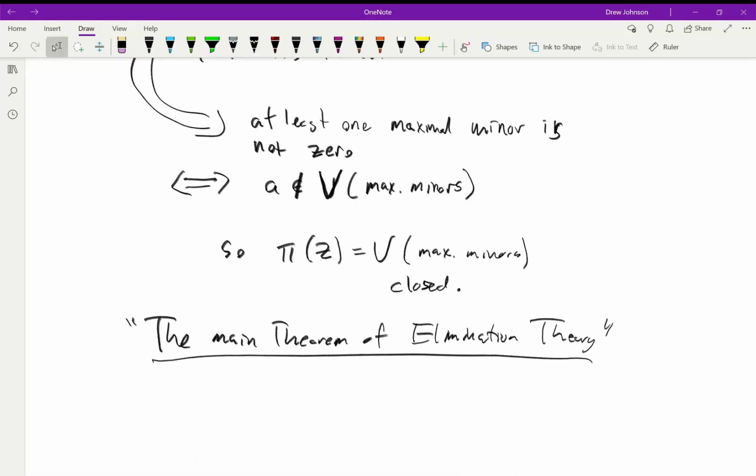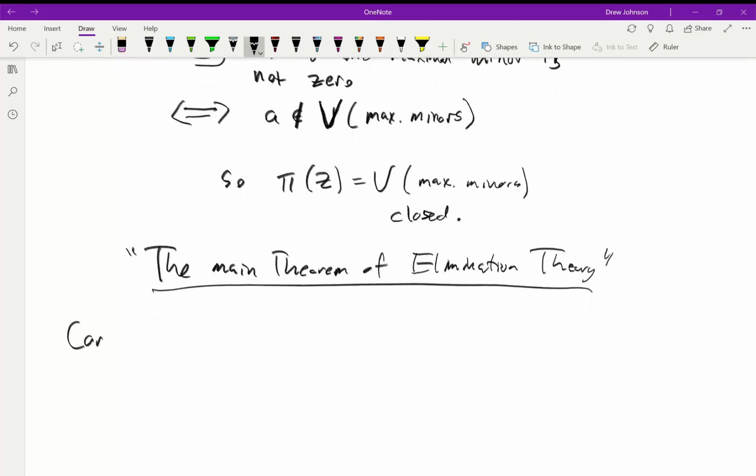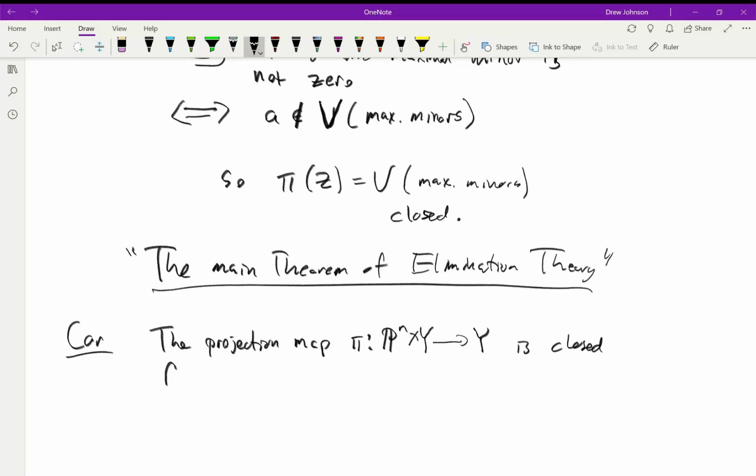So now we are ready to prove the result that we were shooting for, that projective varieties have this kind of universally closed property. So the projection map pi from Pn cross Y mapping to Y is closed for any variety Y. I should say this is just for projective space, not for any projective variety.